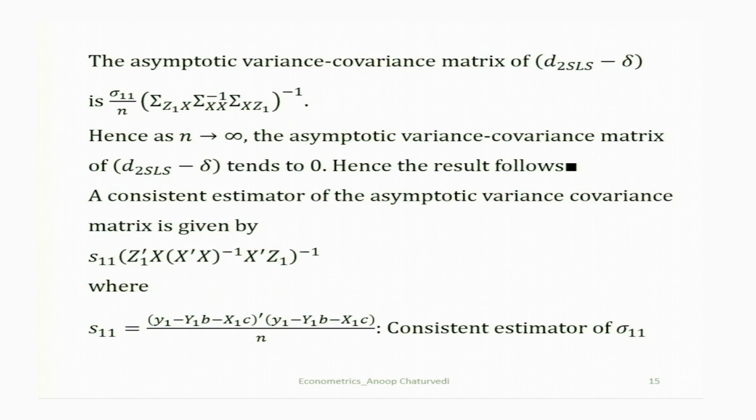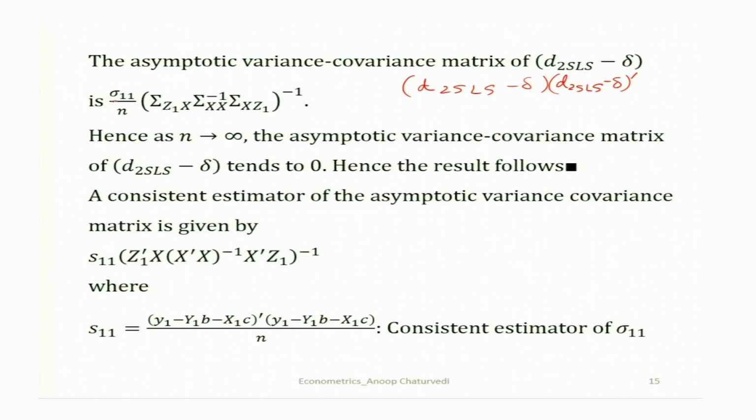Further, if you obtain the asymptotic variance covariance matrix of delta hat 2SLS minus delta, you simply take delta hat 2SLS minus delta, and then you take the transpose of this, and then you take the probability limit of this.